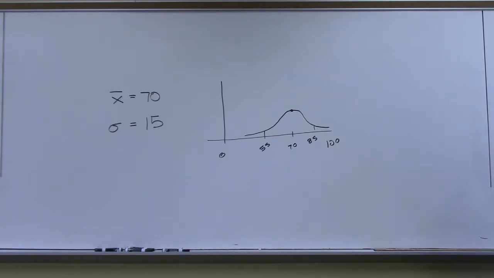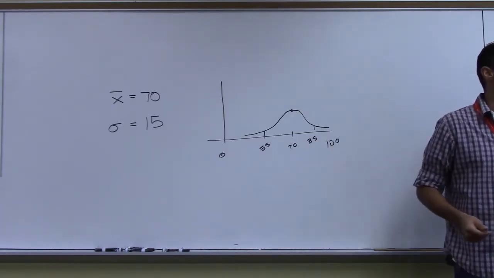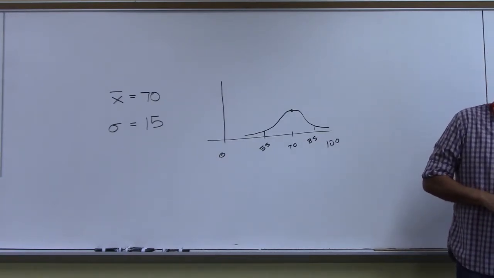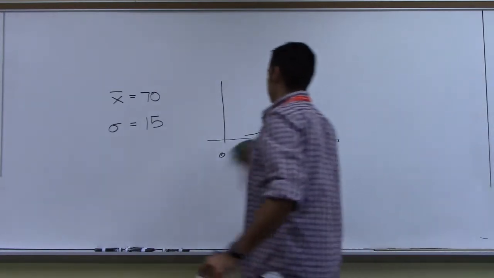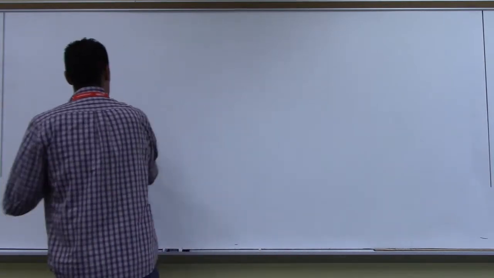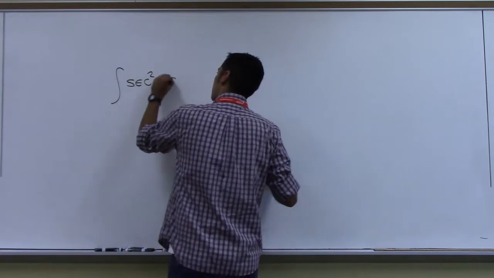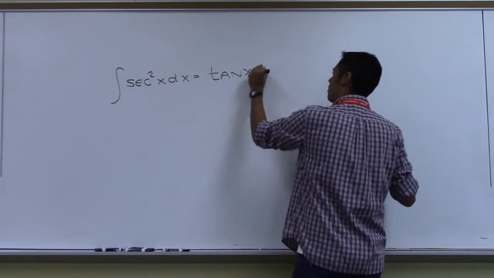There are two antiderivatives everyone here should be automatic with, and that's secant squared and secant x tangent x. So we should all be comfortable with the fact that the antiderivative of secant squared, we learned from Cal 1, is tangent x plus c, right?